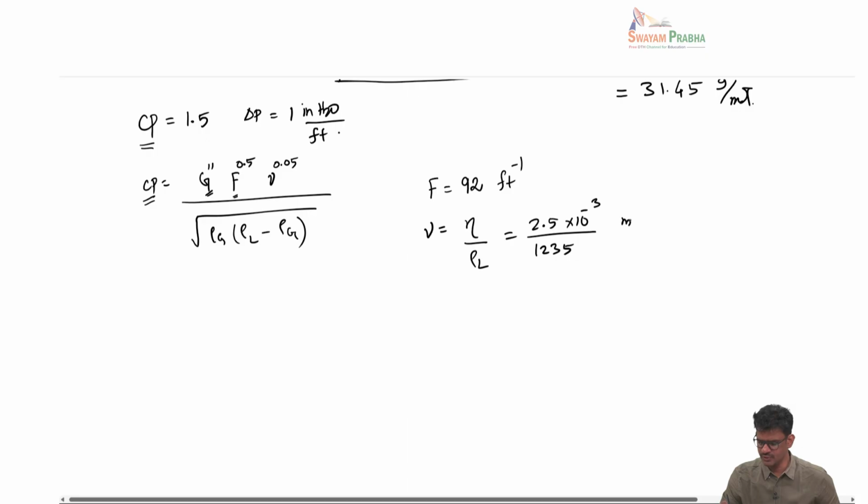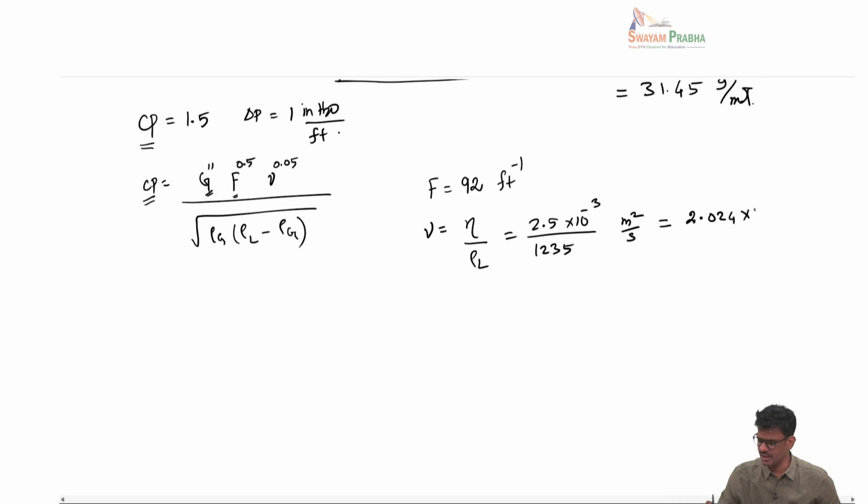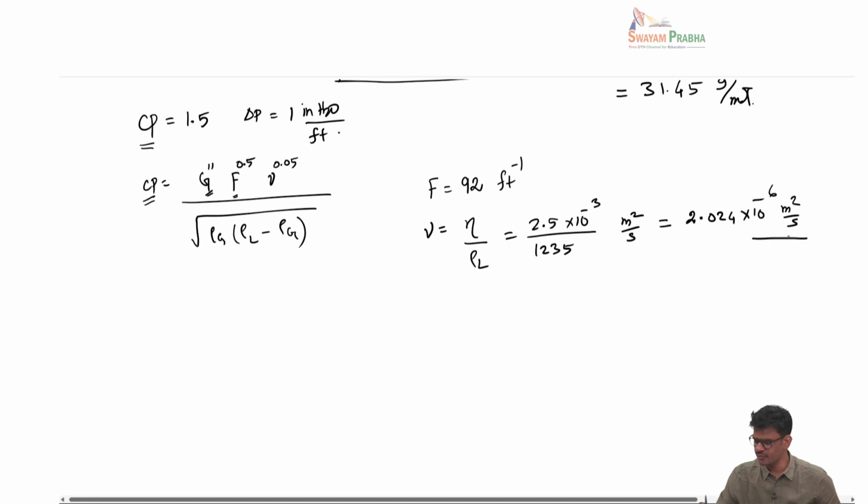So this will be in meter square per second. This will come out to be 2.024 into 10 power minus 6 meter square per second. 10 power minus 6 meter square per second is actually 1 centistokes. So it's 2.024 centistokes, and this is the unit that we want in this expression also.